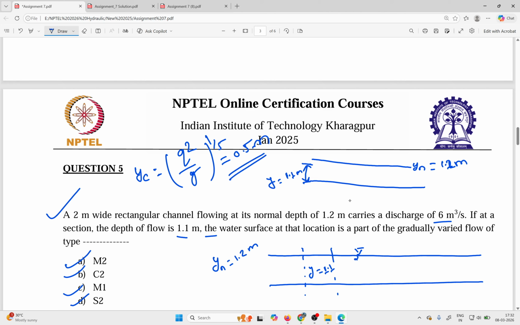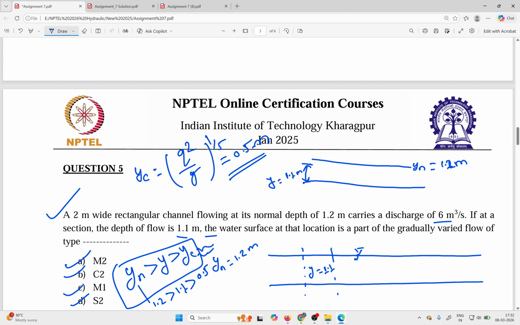Then yn is greater than y, which is greater than yc, because this is 1.2, then 1.1, then 0.5. Based on this we can tell which profile is occurring here. So first we have to calculate yc.